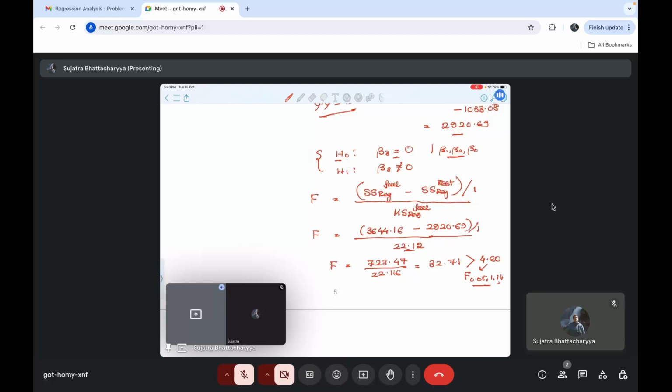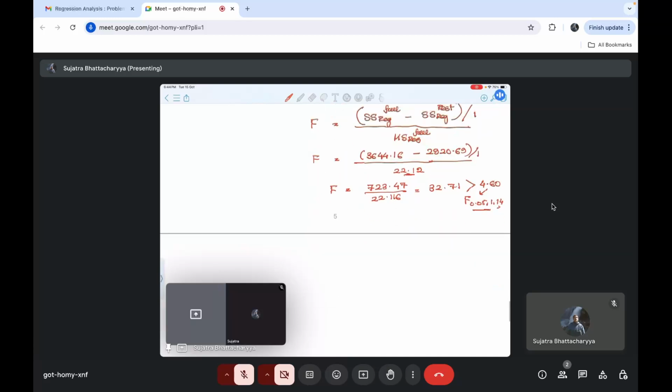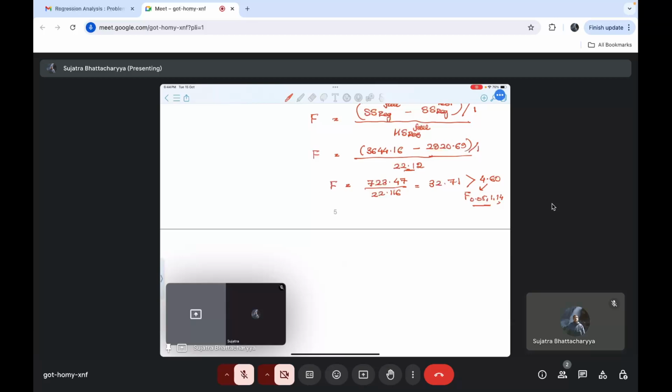So we can clearly see that the F value is much larger than 4.60, which shows that your beta 3, the cubic term, cannot be neglected or deleted because it is significantly different from 0. H1 is accepted, right?